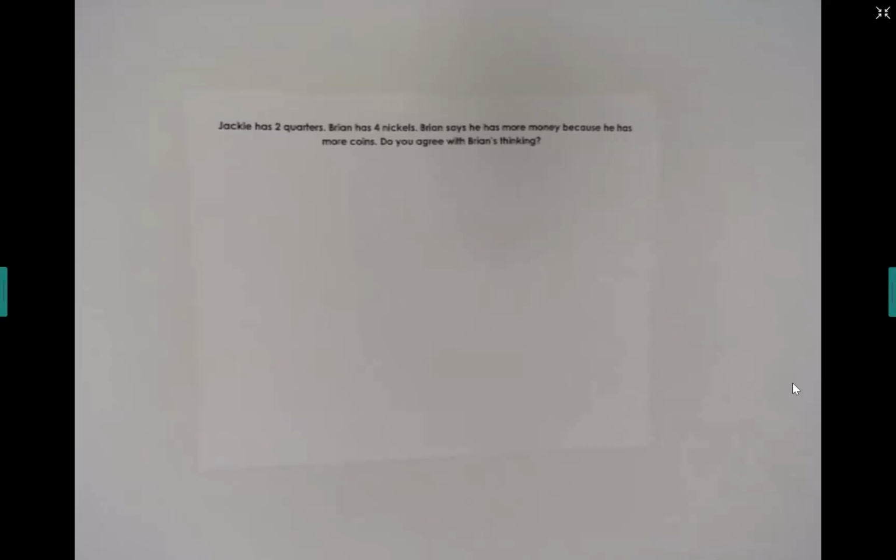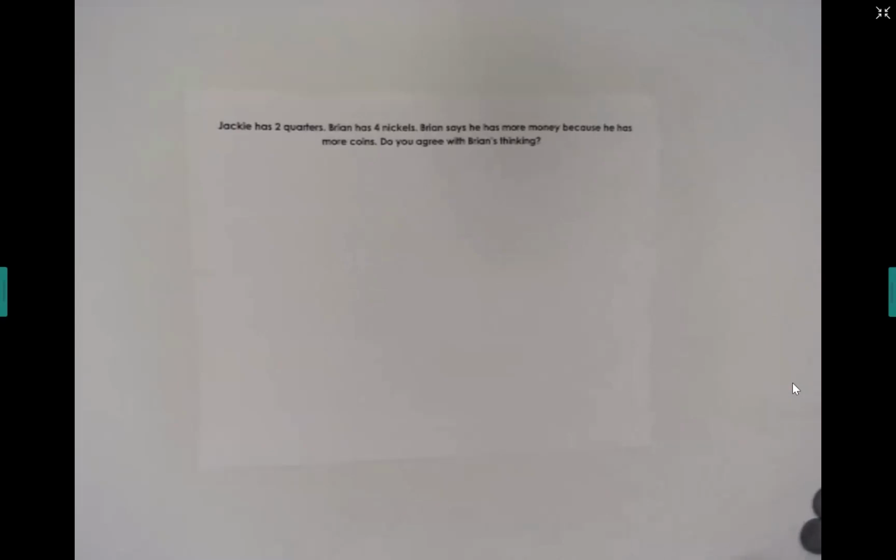So this problem says Jackie has 2 quarters. Brian has 4 nickels. Brian says he has more money because he has more coins. Do you agree with Brian's thinking? So as we're thinking about this problem, it's really touching on a pretty common misconception right away, that just because we have more of the coins means it has a greater value.